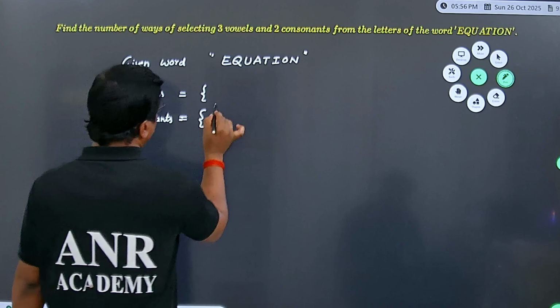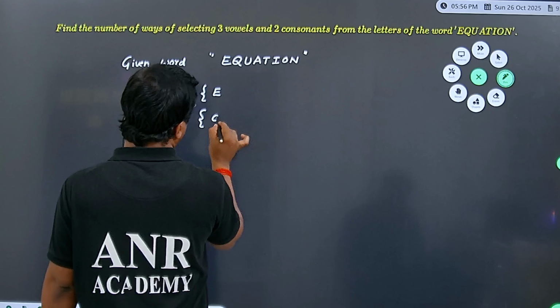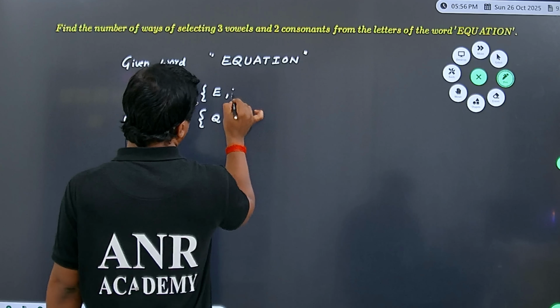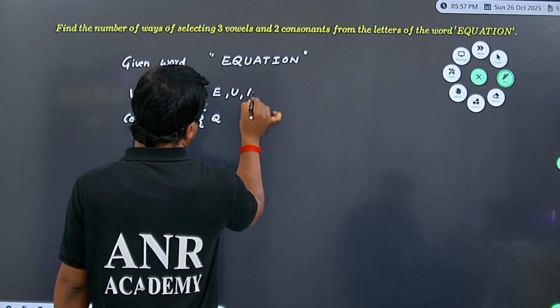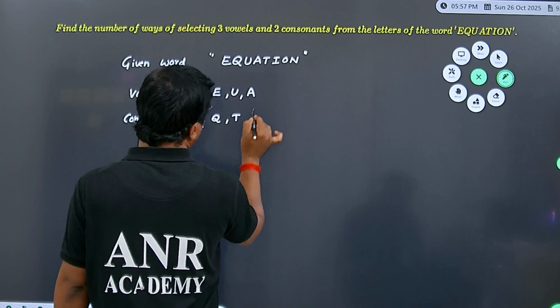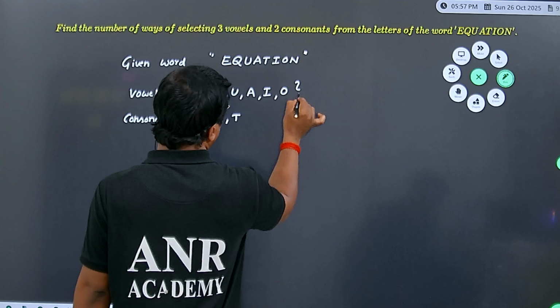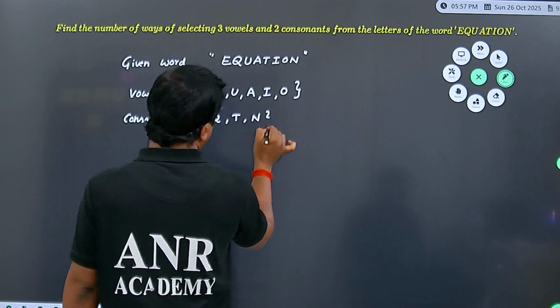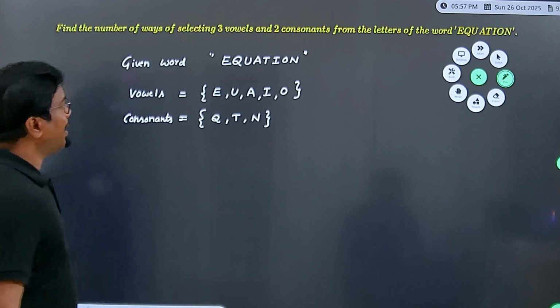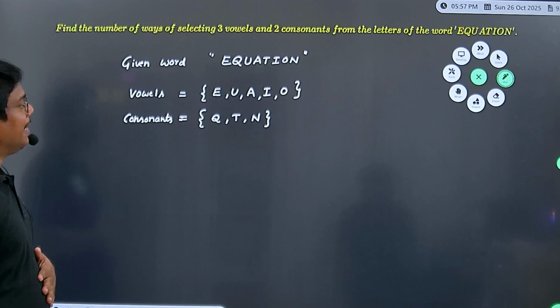E vowel, Q consonant, U vowel, A vowel, T consonant, I vowel, O vowel, N consonant. Total there are 8 letters.